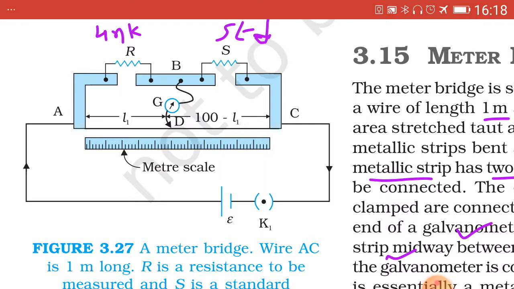At the end points, a battery, key and rheostat are also used to change the value of resistance in the circuit. Battery, key and rheostat are connected in series.